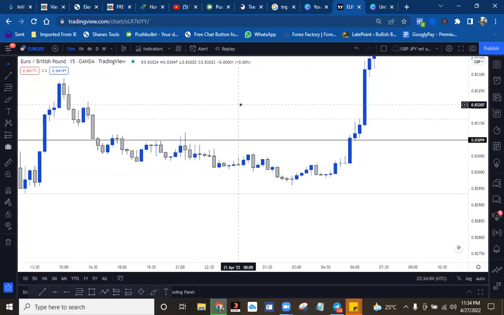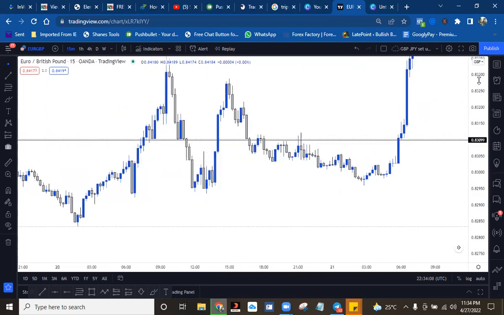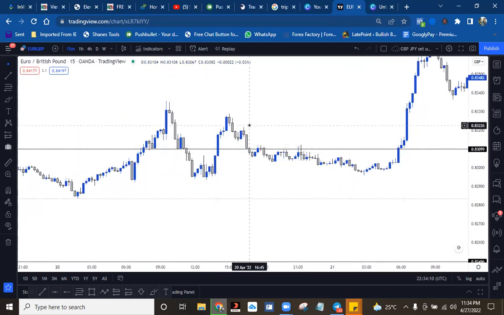So let's look at time frames so that we can combine them with these candlesticks that we have learned. A time frame is actually the minutes or time in which the candlesticks were formed or price took action.